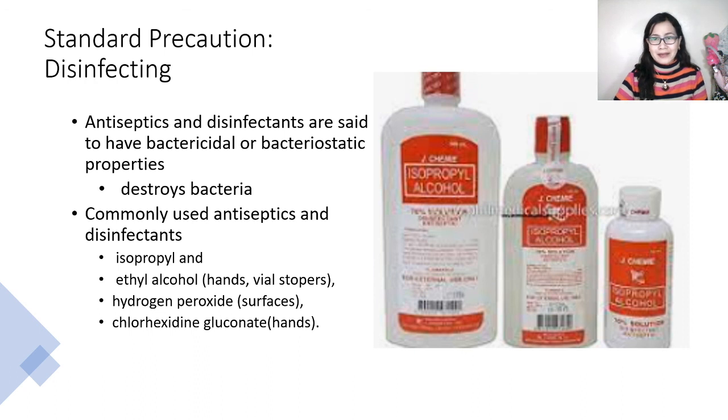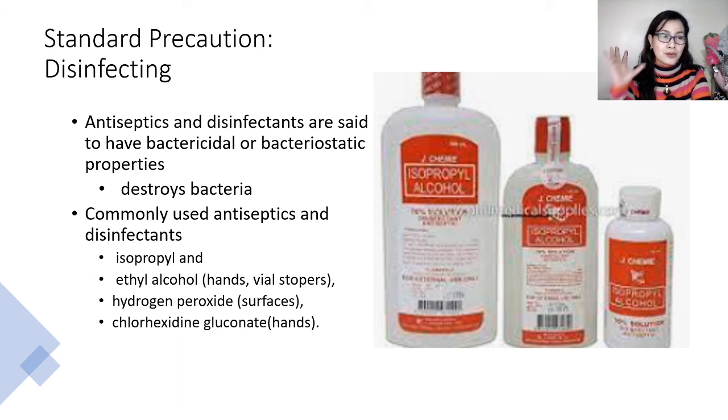For disinfecting, you have antiseptics and disinfectants. They are said to have bactericidal or bacteriostatic properties that destroy bacteria. You can check their strength by the percentage; what's acceptable is 70%. Commonly used antiseptics are isopropyl and ethyl alcohol.